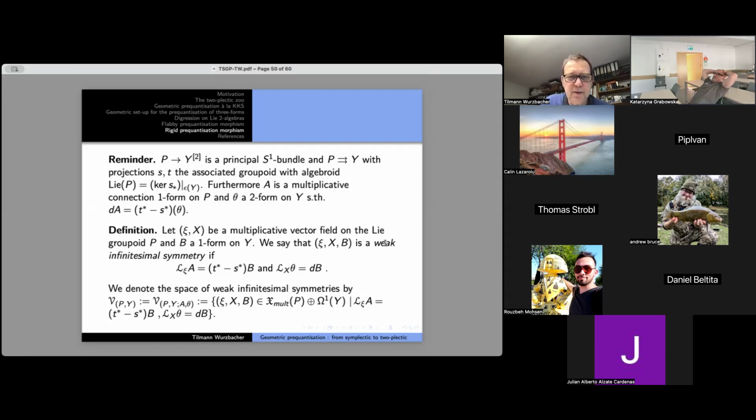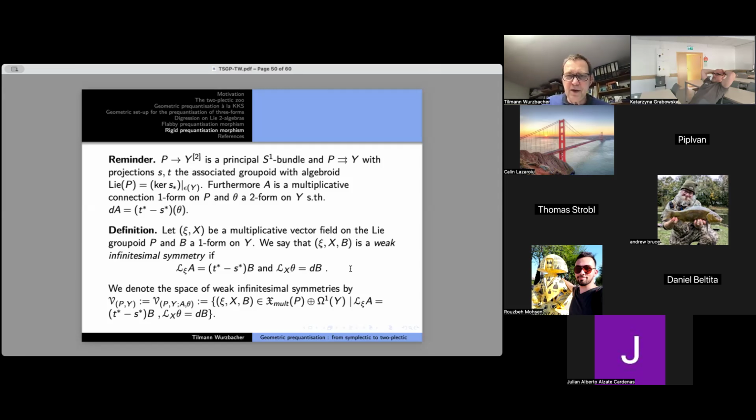So it's not a symmetry, it's a weak symmetry if you derive upstairs the form A with respect to the vector field psi, and it's not zero, it's T star minus S star of B, because it's a one form on B. And downstairs on Y, you derive the one form theta, and again, it's not zero, it's D of B. So it's a weak symmetry, because for a strong symmetry, you would expect that you find 0.